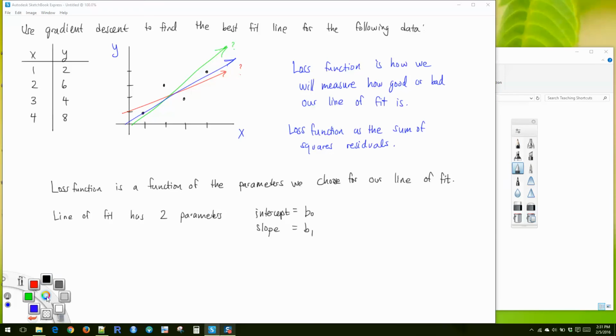Each of these will have a different slope and a different intercept. Basically our loss function, our total sum of squares residuals, is equal to the sum over each data point of y minus y hat at that point.